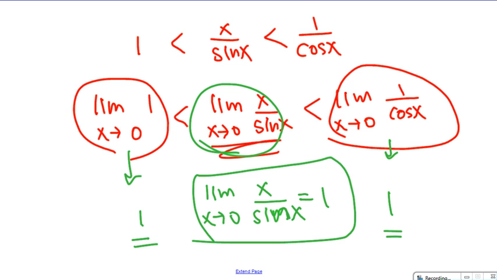One thing we get to realize is this. What we have done earlier was the limit of x over sine of x as x approaches 0.